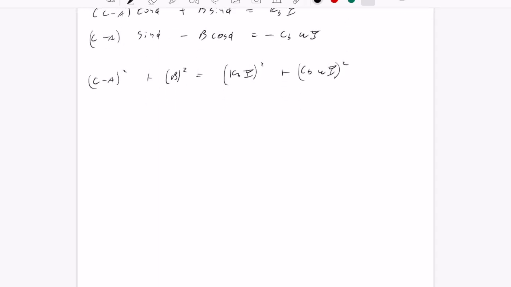Okay, and we can go in and pull out our x's and substitute in our a's and b's and c's, and we end up with x squared times KEQ minus MEQ omega squared, plus x squared times, and then b was, CEQ omega squared, is equal to KB y squared plus CB omega y squared.